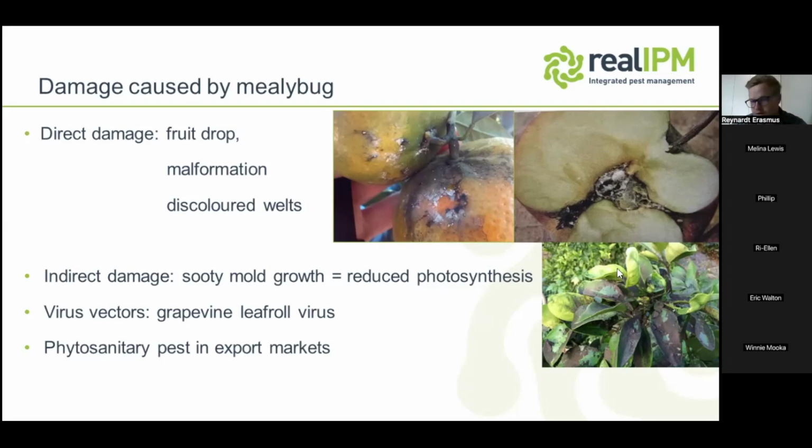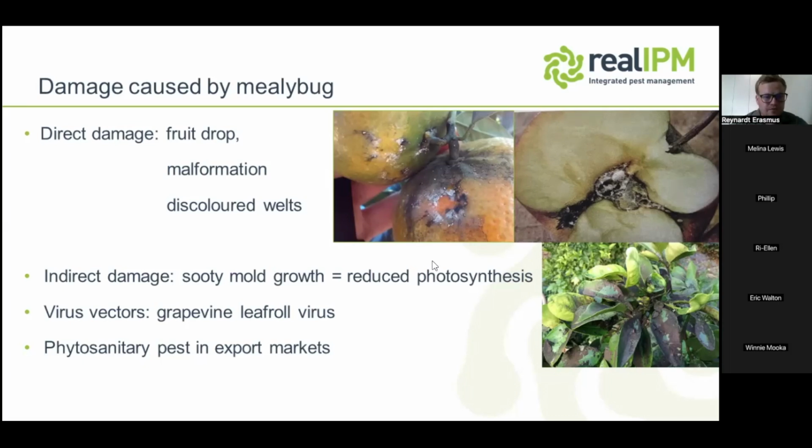Sooty mold then grows on these copious amounts of honeydew. This then covers the leaves in a sooty mold layer, which then reduces the photosynthetic capabilities of the plant. This sooty mold can also discolor and stain the fruit.